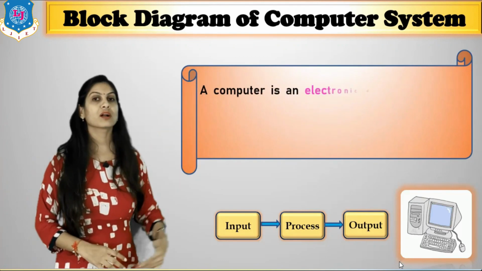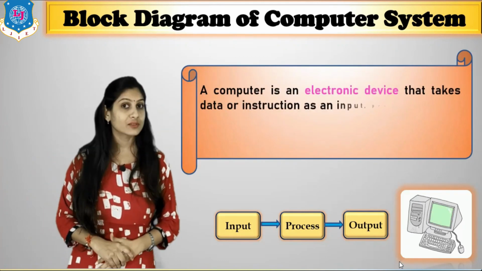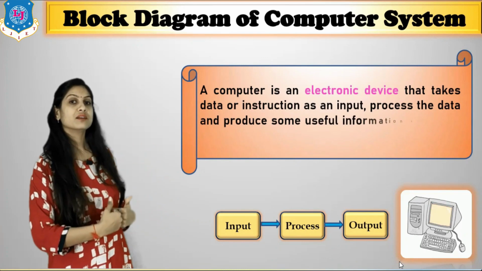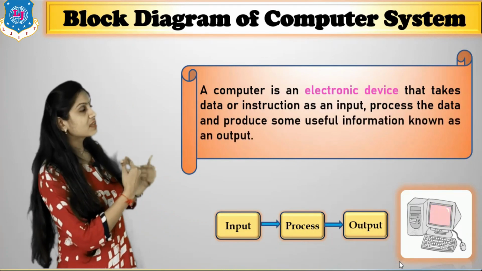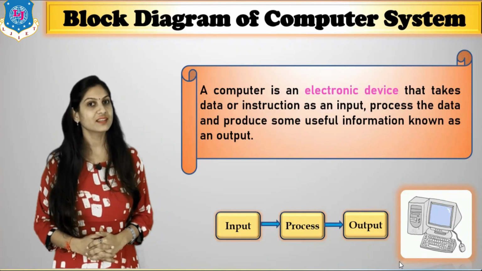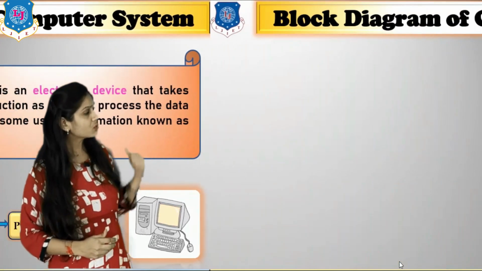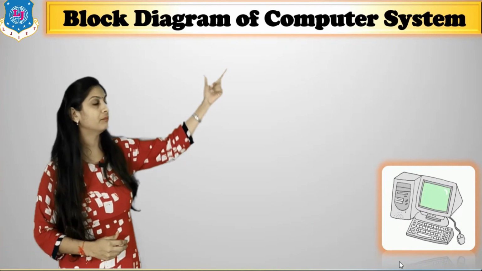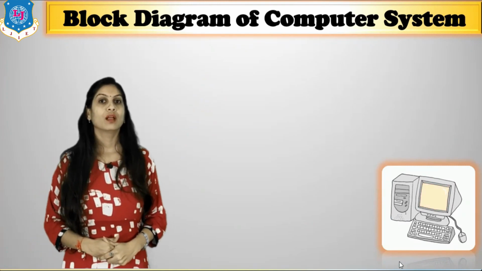So the definition of a computer is what? It is an electronic device that takes data from the user, processes that data and generates meaningful information as an output. Now start the main topic, the computer system diagram.